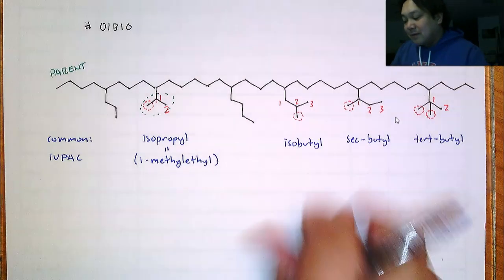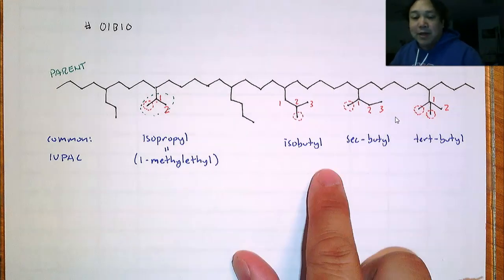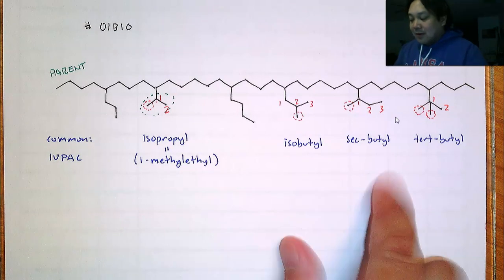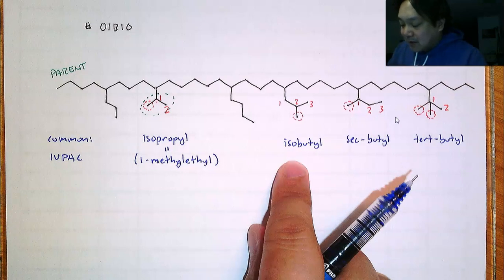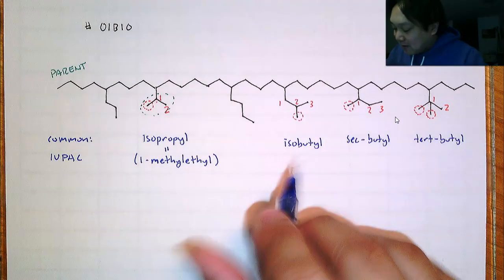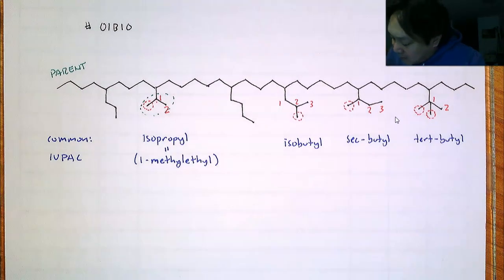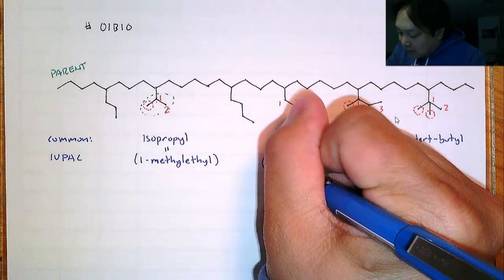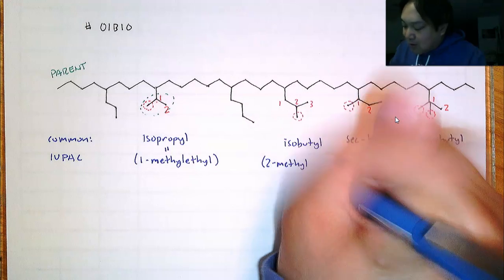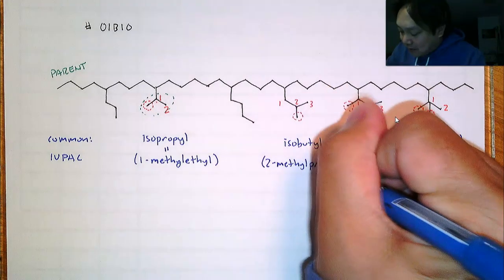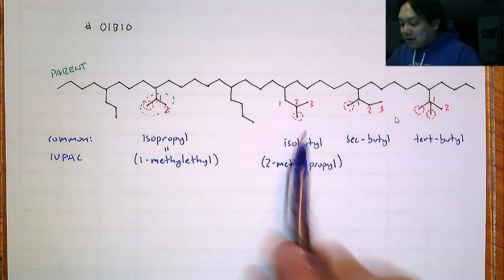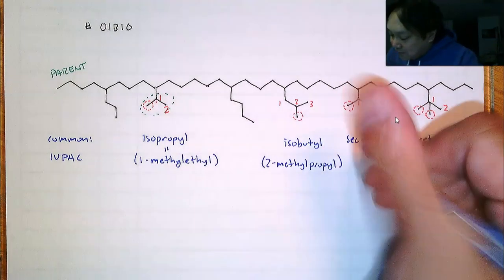Knowing that, look at your answers and see if you want to make any adjustments. If you don't, or if you did, let me figure out what I would put. Parentheses, 2-methylpropyl, parentheses closed. Here, 1-methylpropyl.